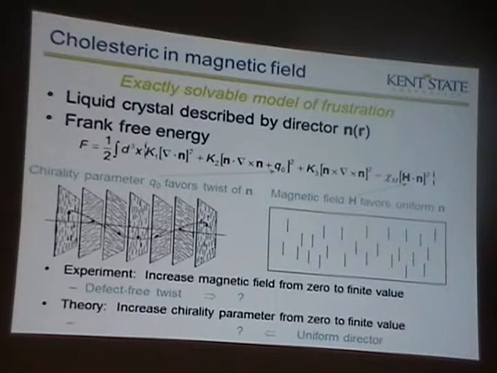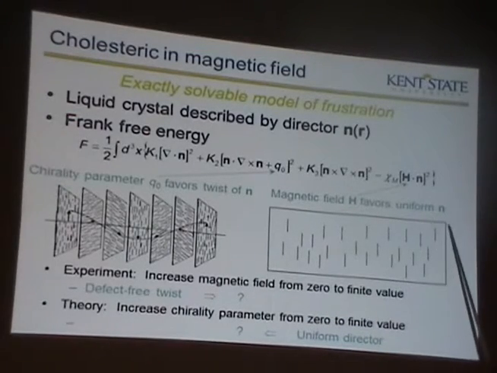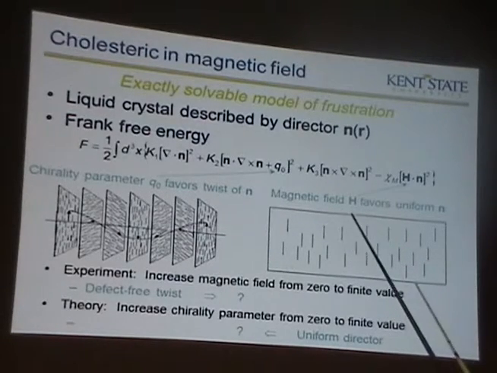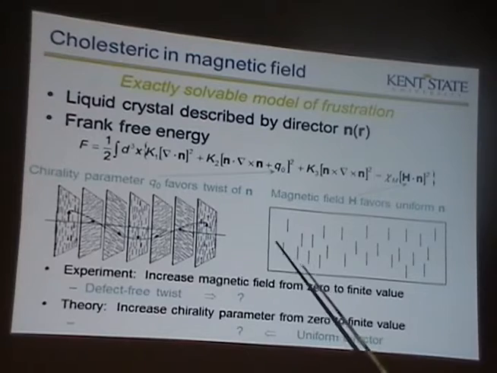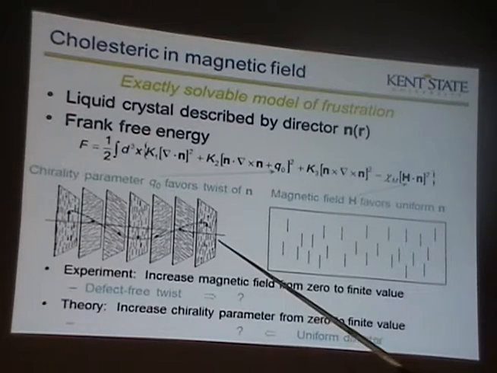And so what happens as we tune between a state that's dominated by chirality and a state that's dominated by the magnetic field? Well, in an experiment, that would typically be done by starting with this chiral system and gradually tuning up the magnetic field.